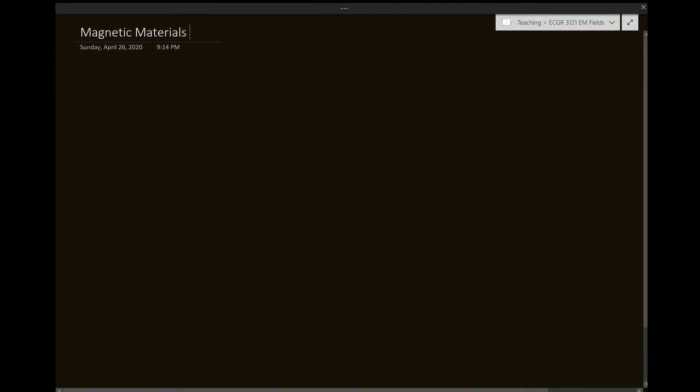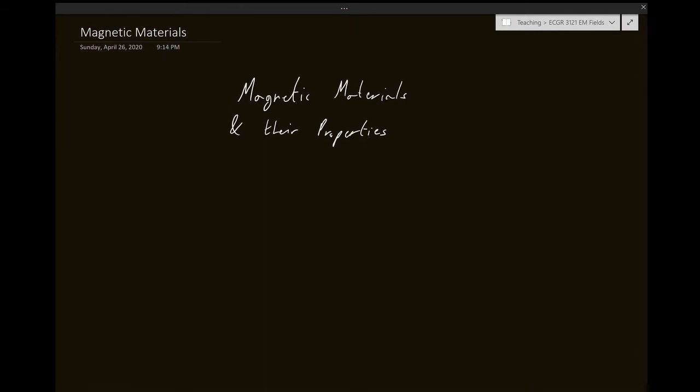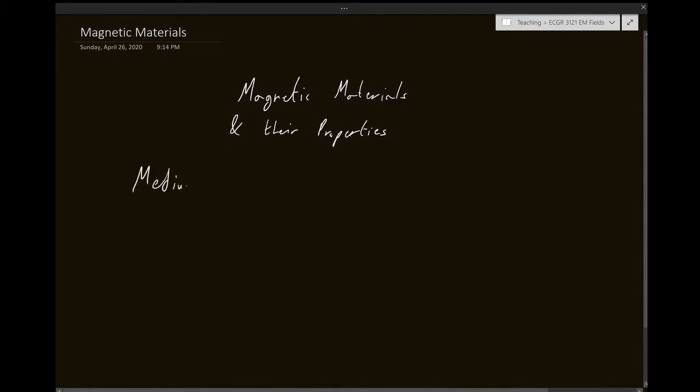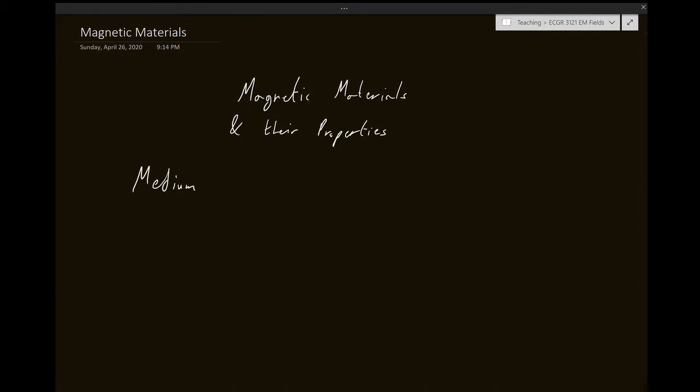All right, so today we will start talking about magnetic materials and their properties. And the key concept that we need to introduce to adequately model magnetic materials, or another way of saying it, how the medium... Remember, we said in electromagnetic theory, one big portion of the theory is dedicated to describing or modeling the medium.